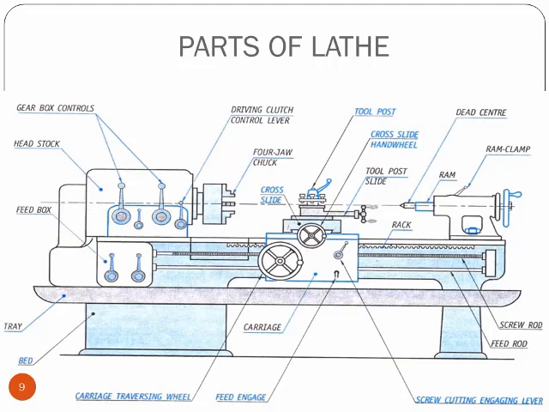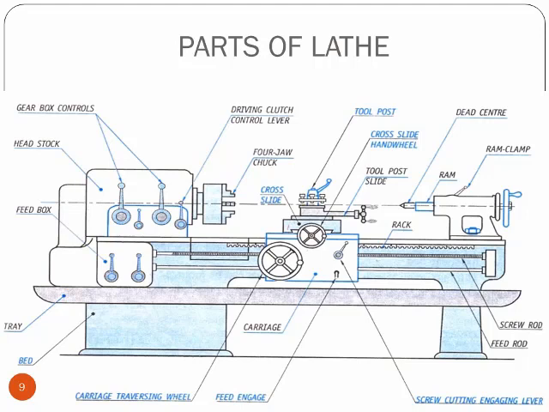So this is the schematic diagram of lathe. You can see the various parts of the lathe are explained or labeled in this schematic. We have a bed. Just above the bed we have a tray to carry all the waste products that are generated during the turning process, and also it carries the lubricant that is being used during the turning process.